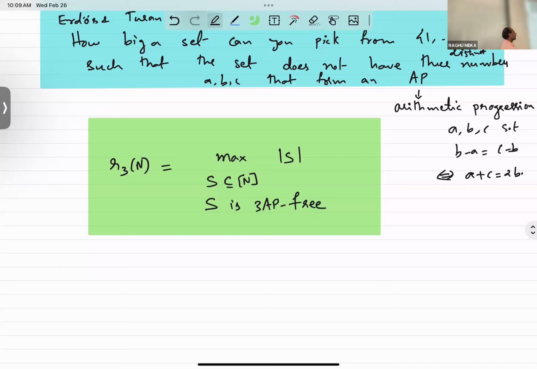It's a little bit similar to how we defined S of r comma k when we were studying sunflowers. Remember, we asked how big a family of sets can I have, where each set is of size k, and the family does not contain an r-sunflower. There's a similar definition here, where you're trying to see how many numbers can I pick while avoiding some pattern. In this case, the pattern is probably the simplest possible pattern, which is three equally spaced numbers.